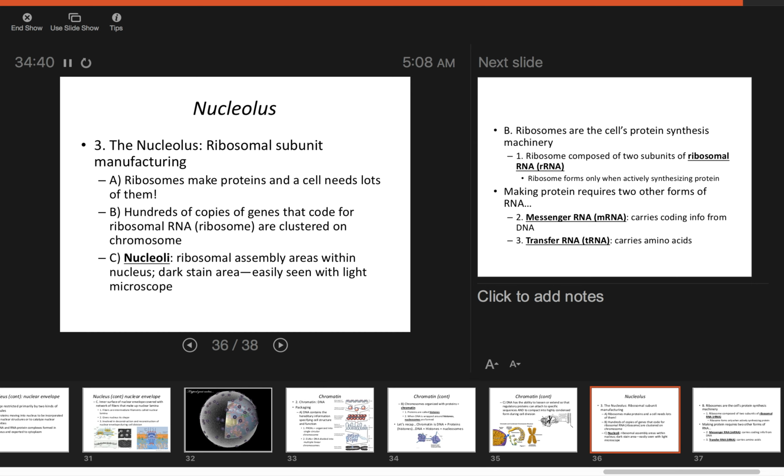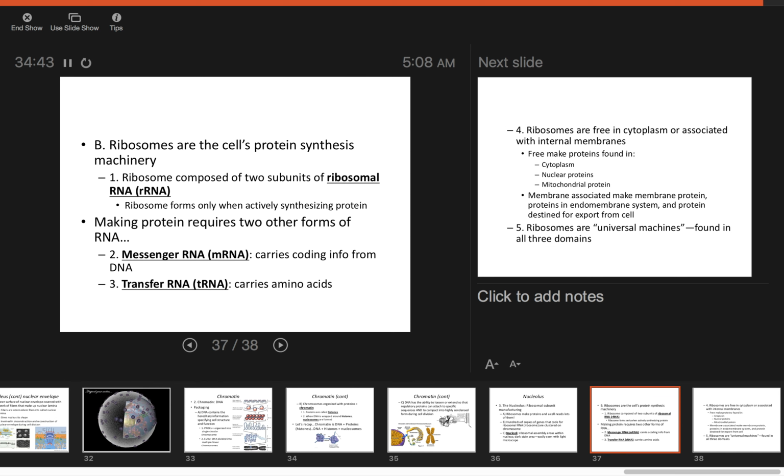Now, ribosomes, main protein synthesis machinery in cells, and ribosomes made up of 2 rRNA molecules, a large subunit and a small subunit, and when they attach and form, then you get an actively synthesizing protein. Making protein requires two other forms of RNA, and we'll talk more about that in transcription and translation.